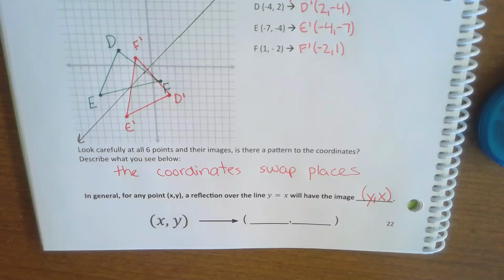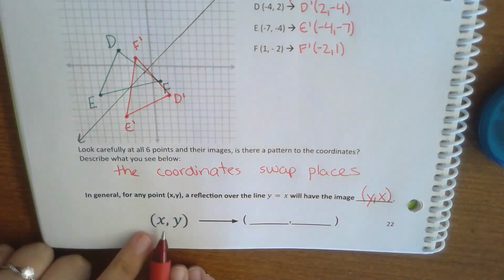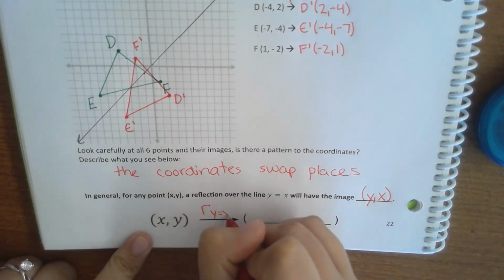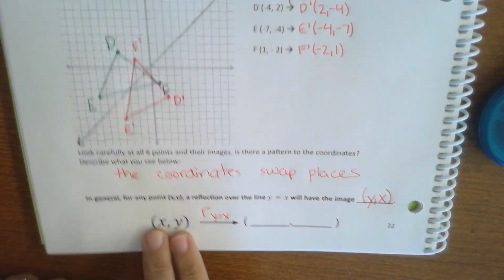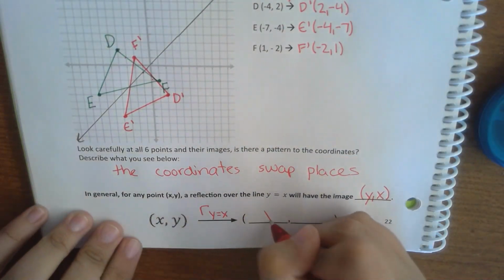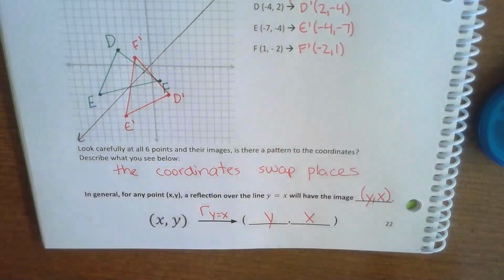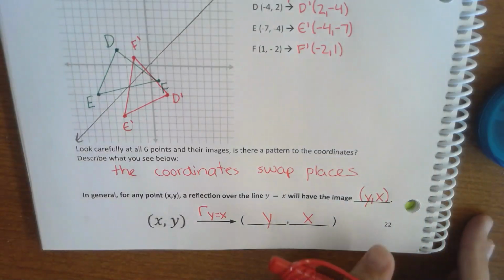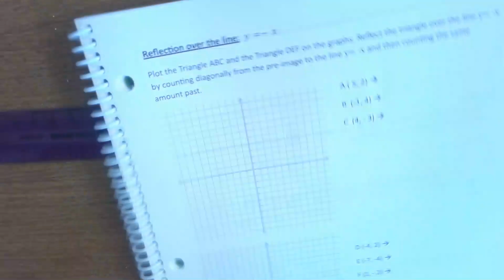So our rule when we're filling out those tables, if I start at x, y, and reflect over the line y equals x, my coordinates are just going to swap places, flip-flop places. Y and x would trade. No sign changes, just a trade. Next page.